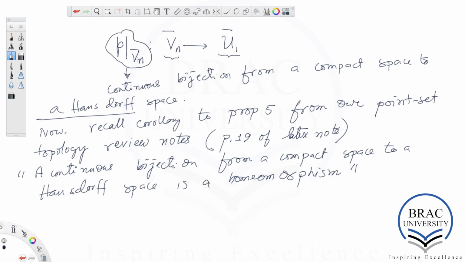Now, since the restriction of a homeomorphism is again a homeomorphism, one concludes that p restricted to Vn only, not the closure of Vn, just Vn, from Vn to U1 is a homeomorphism.